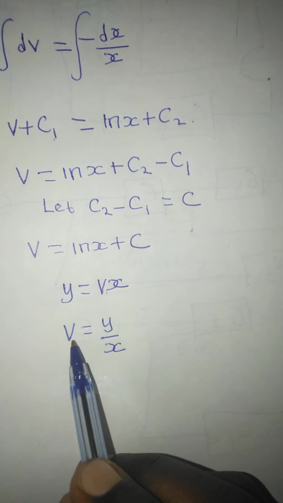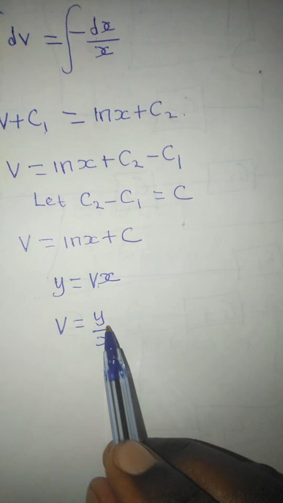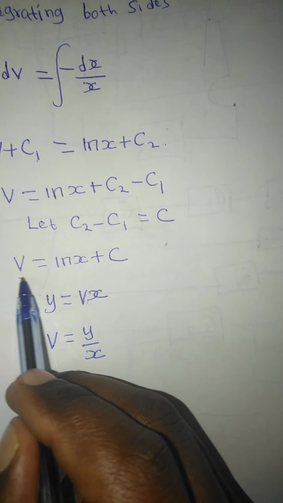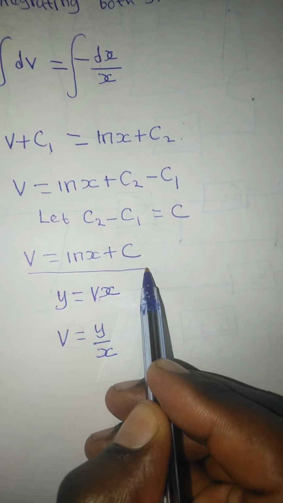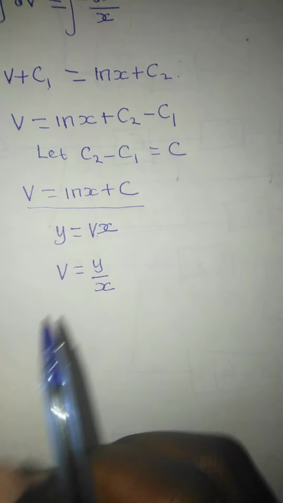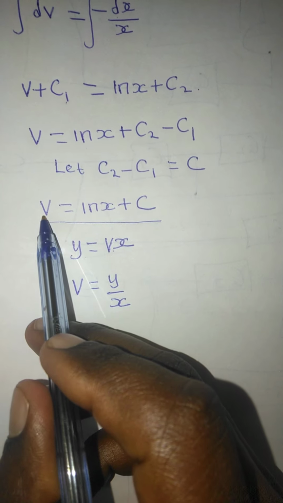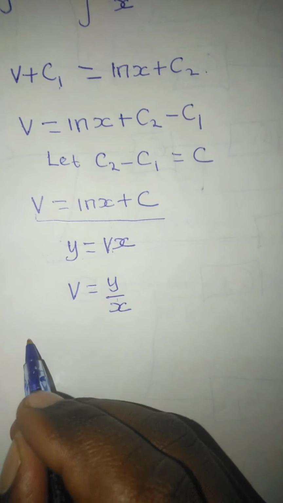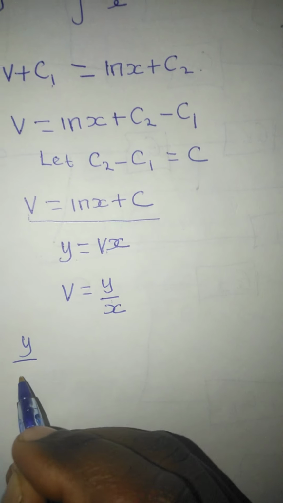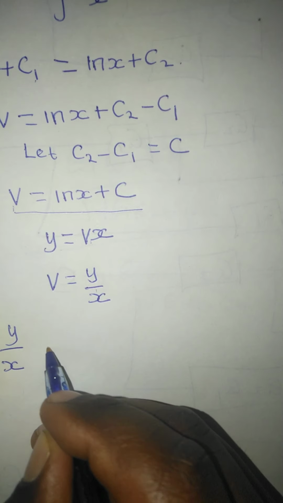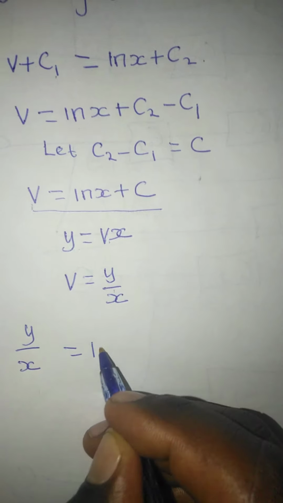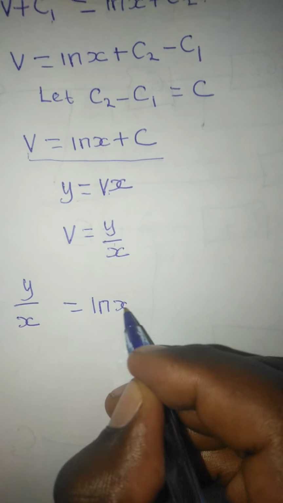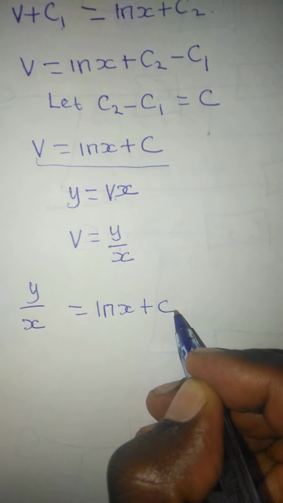So where we have v, we replace it with y all over x, and we are replacing it in this equation. That is y over x is equal to minus ln x plus c.